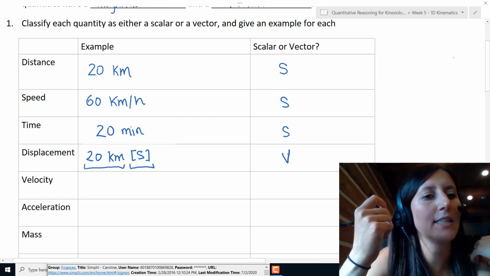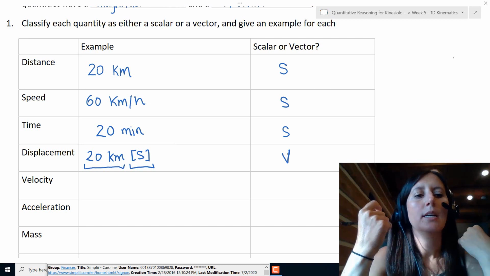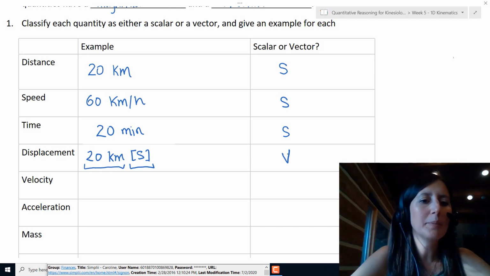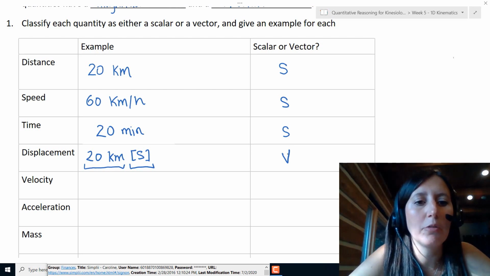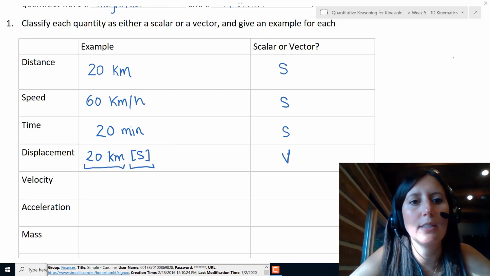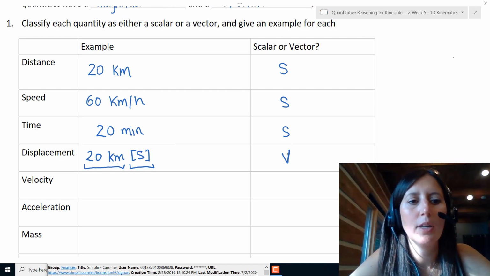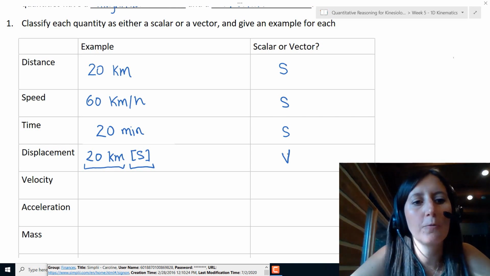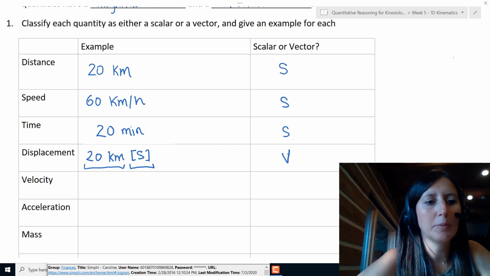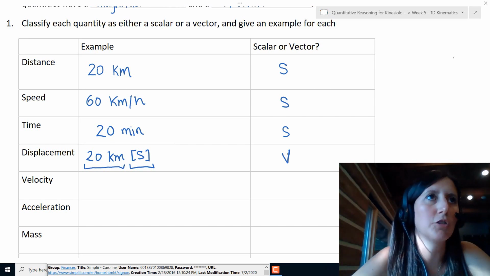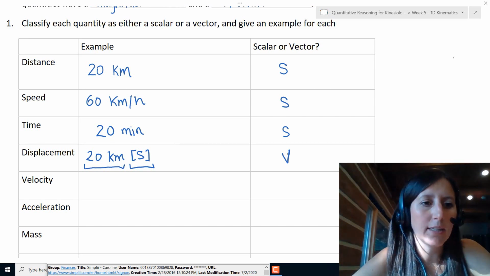Velocity. Again, velocity is much the same as speed. It just means how fast you're going, but you're also giving a direction. Direction can be south, east, northwest. It could be east 30 degrees north, for example, but it could also be up or forward or backward or down. There are a lot of different examples of directions. It could also be 30 degrees above the positive x-axis.